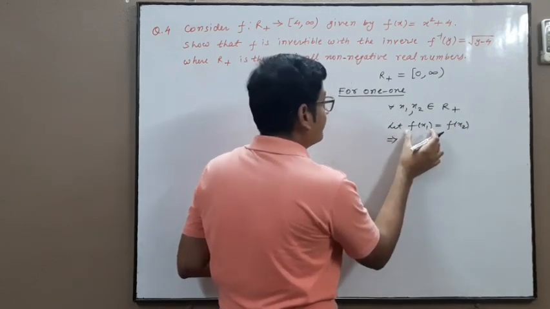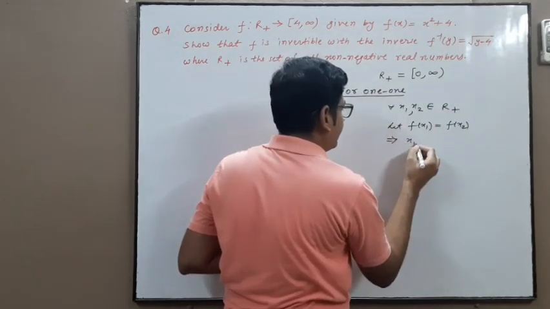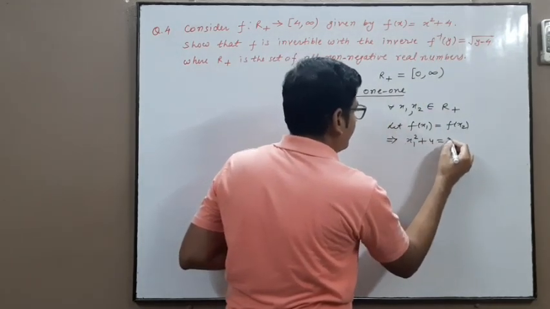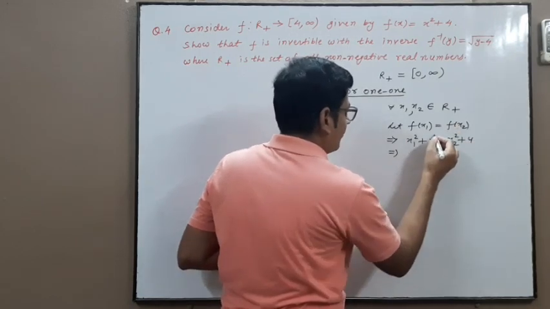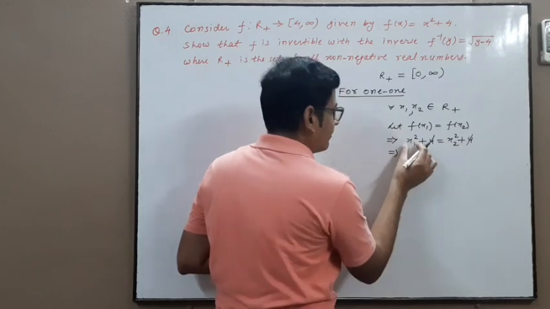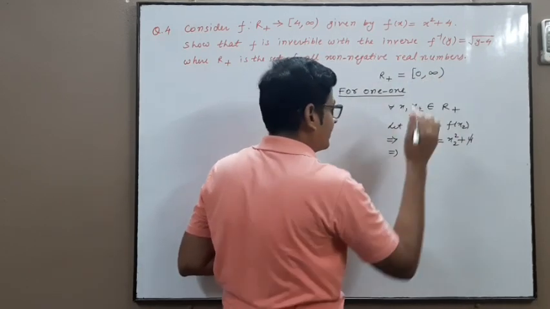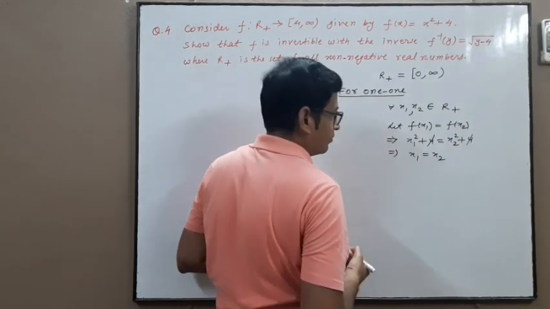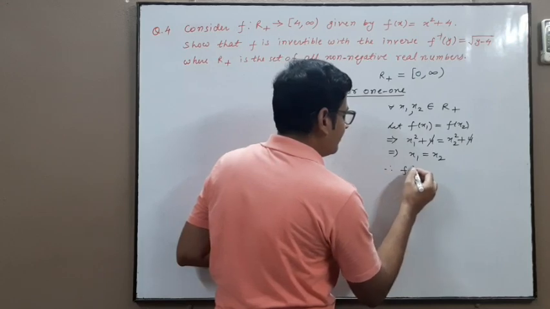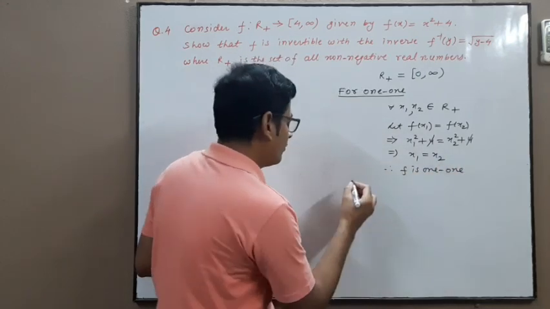Tell me the value of f(x1). f(x) equals this, so f(x1) equals x1 square plus 4 is equal to x2 square plus 4. 4 and 4 cancel. x1 square equals x2 square, and both x1 and x2 are positive real numbers. So the next step we can write directly x1 equal to x2. Therefore f is one-one. Now for onto.